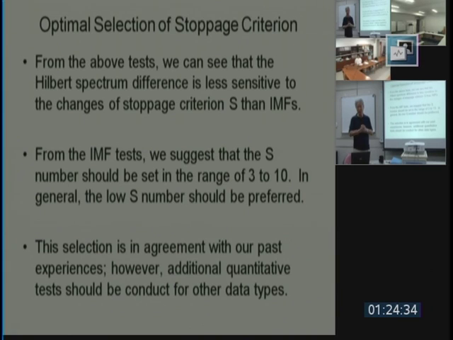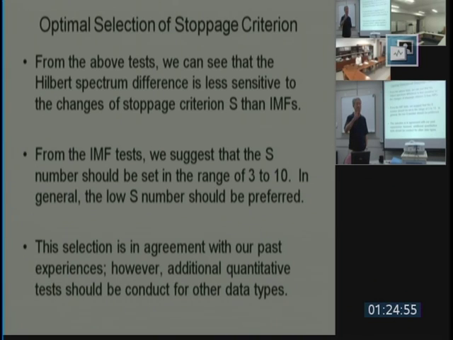time and frequency slots. Now, from the IMF tests, we suggest the S number should be around 3 to 10. In general, a lower S number should be preferred. So when I do problems, I will never use more than 3. Seldom do I use 4.